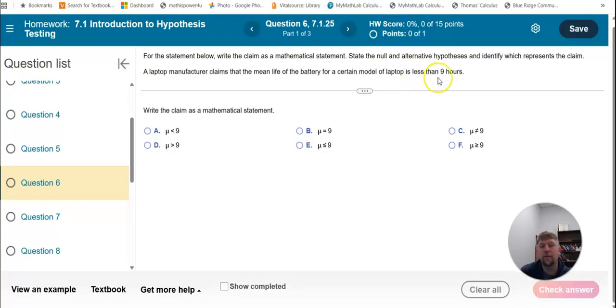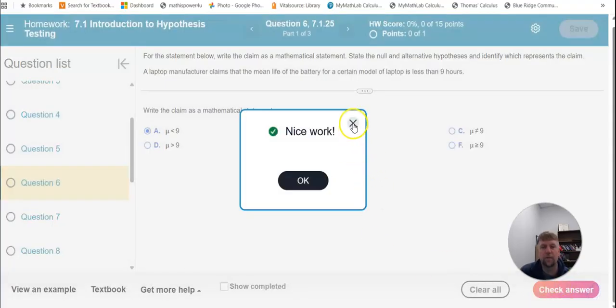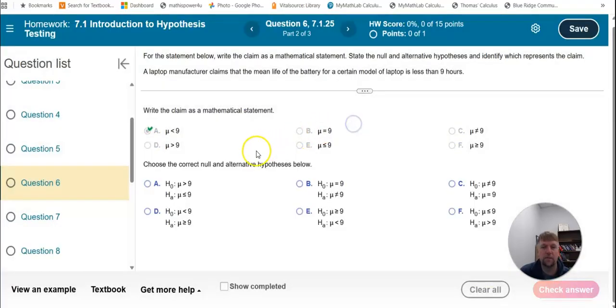If it wanted me to include 9, like a less than or equal to symbol, it could say less than or equal to, or at most 9, something like that. But we need to be able to translate the words we're seeing into mathematical symbols. So mean, mu, less than 9. There's our answer. So we're just straight up translating when we see that question.